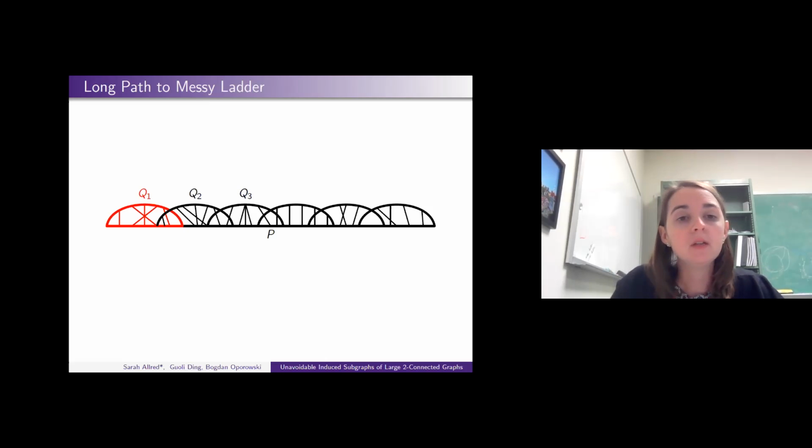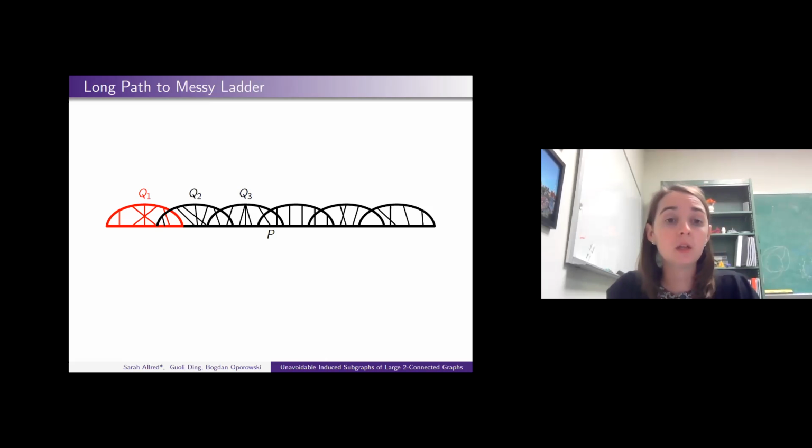All right, so that means we can assume on P that none of the Qs go too far. If any one of them go too far, then we're going to get an induced messy ladder from that bridge. So we have a really long path. None of our paths Q go too far.